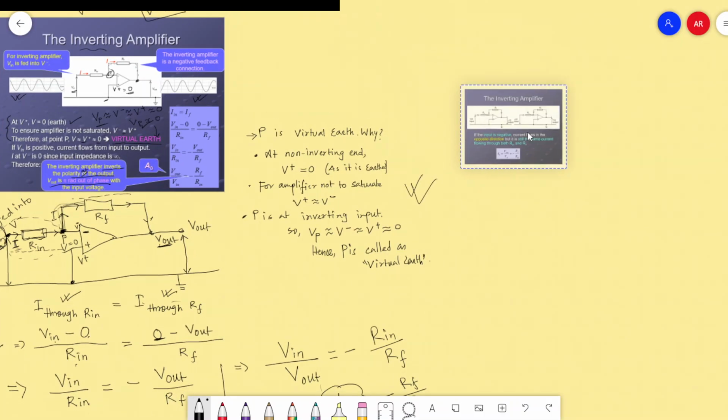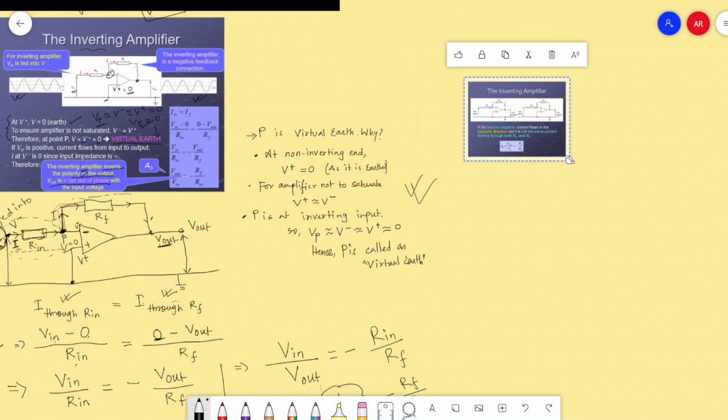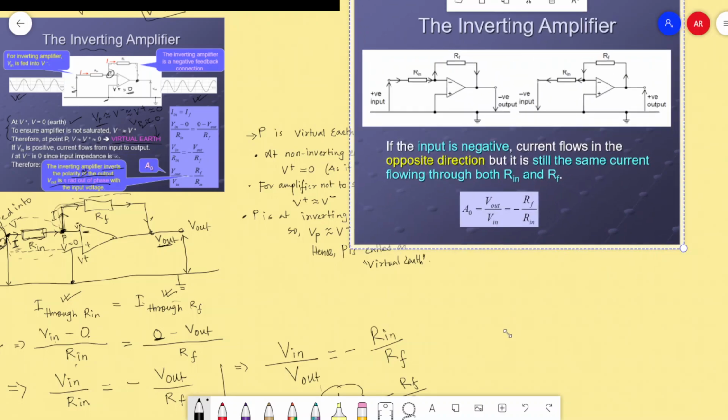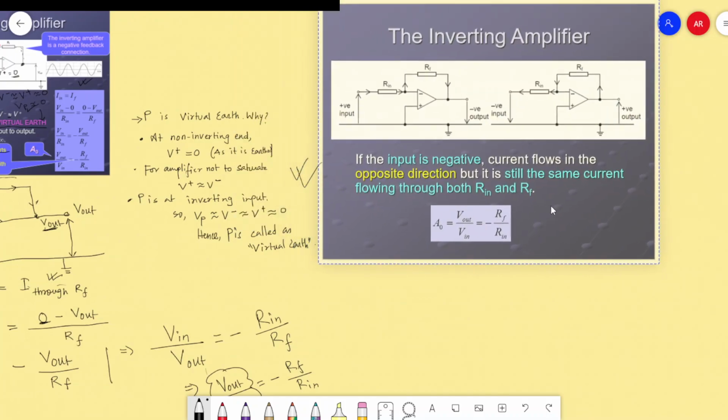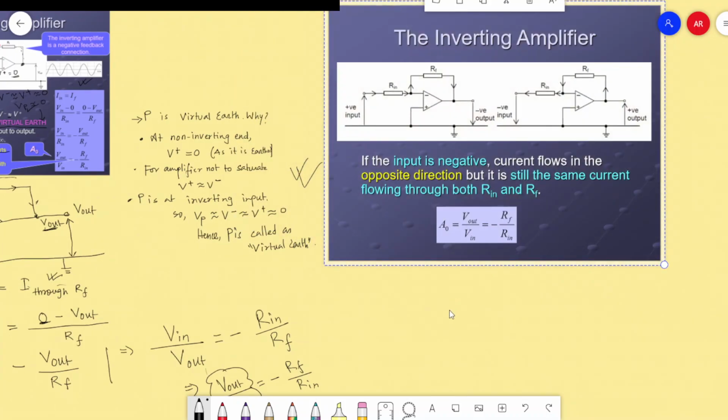Look at this one. So these are the different connections. You see, it is said that if input is negative, output is positive. If input is positive, output is negative. That's what they say because of this expression that output by input is equal to negative RF by RI.